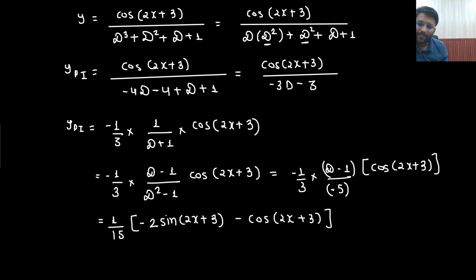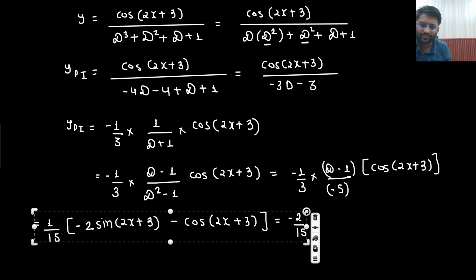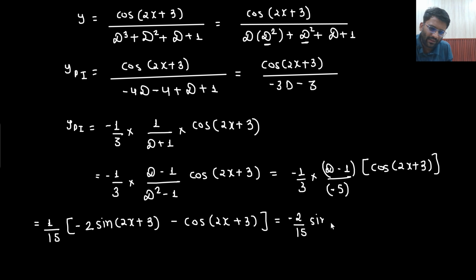Here, eventually, we are getting the answer as minus 2 by 15 sin of 2x plus 3 minus 1 by 15 cos of 2x plus 3, right?